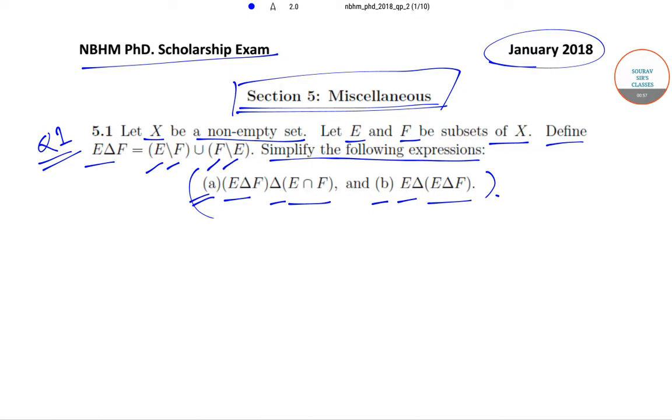So it is fairly easy. What we know is that the universal set, the set of which E and F are subsets, is basically the set X, which is a non-empty set.